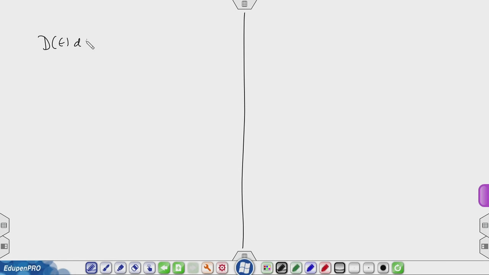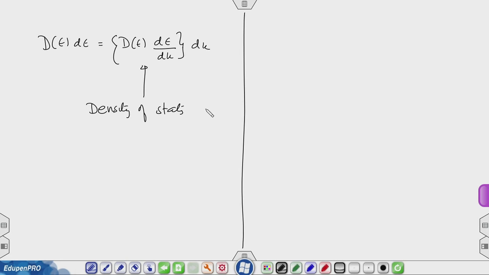dE is going to be equal to dE over dk times dk, and this gives me density of states in K space, right.